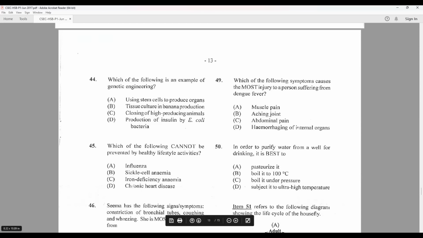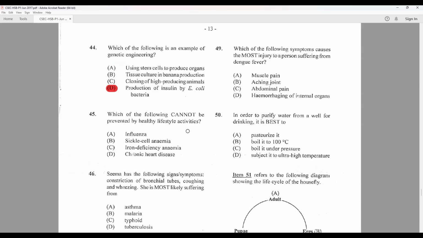Which of the following is an example of genetic engineering? Using stem cells to produce organs, tissue culture in banana production, cloning of high-producing animals, production of insulin by E. coli bacteria. This one is the one the syllabus asks you to know, so it should jump out at you as being the example for genetic engineering.